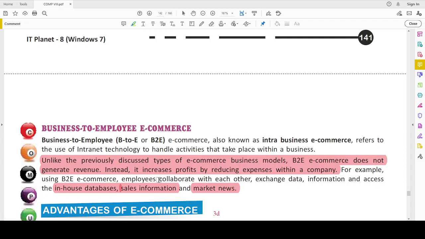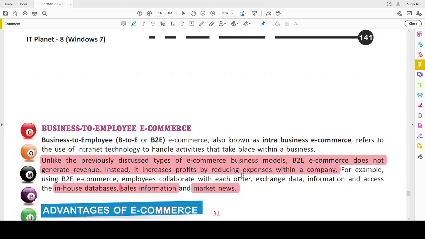See, it increases profits by reducing expenses. So this is just an example. They can make many more such strategies by which they will give the company a competitive advantage, or the advantage may be within the company itself.